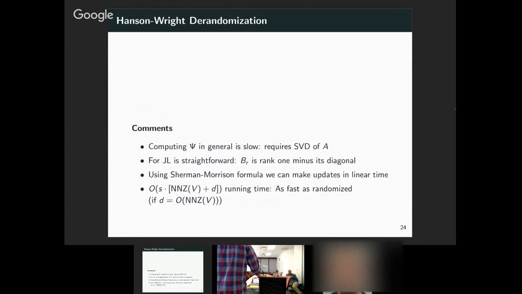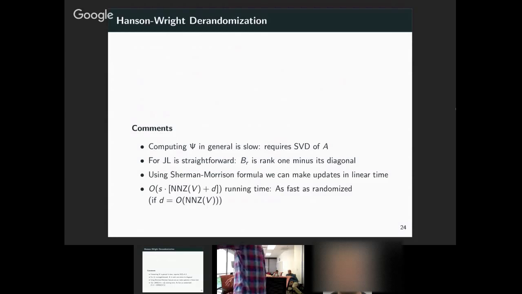However, for the case of JL, things are much better, because our matrix is a block diagonal matrix, where each block is a rank 1 perturbation of a diagonal one. Computing the determinant of a diagonal matrix is trivial and takes linear time. And for this rank 1 update, we can use the Sherman-Morrison formula from linear algebra, which also allows us to do this in linear time. So the good news is that we can run this efficiently, not only efficiently, but in linear time in the case of JL.